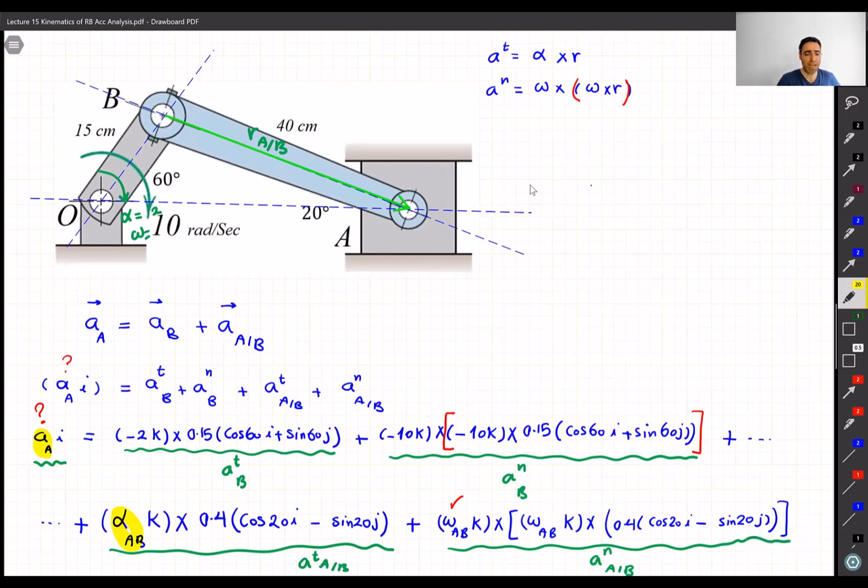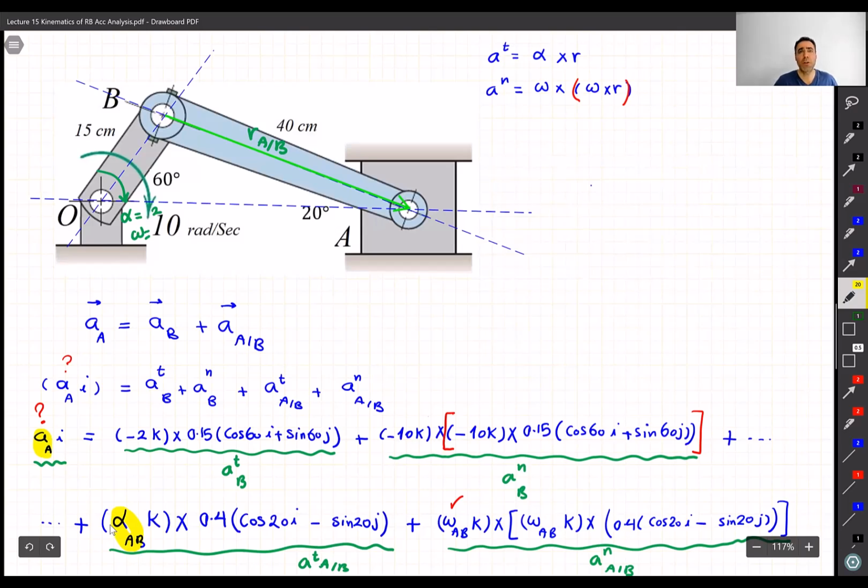So we have two unknowns. One is the acceleration of point A. The other is the angular acceleration of AB. Remember, AB has a general motion. It rotates, so it may also have an angular acceleration. We already have found omega AB, so from this equation we can find alpha AB.